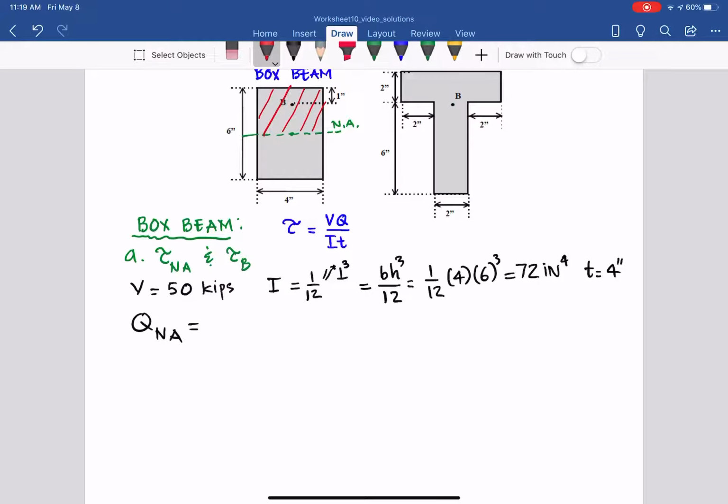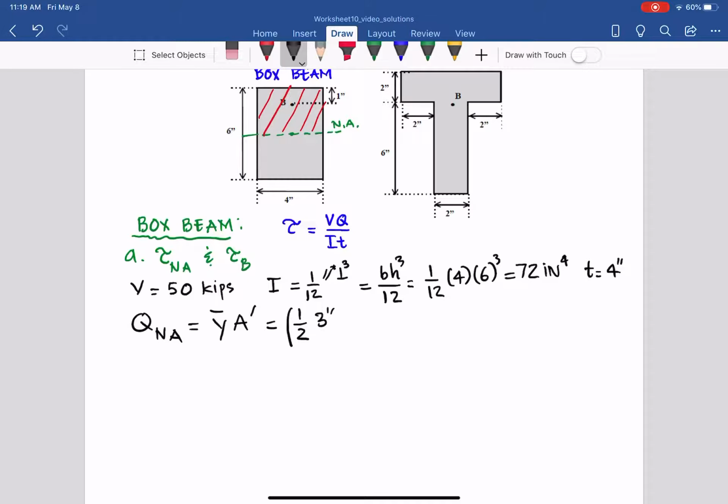So it will equal y bar times A prime, and that y bar is from the neutral axis to the centroid of that red area. So as you can see, it equals 1/2 of the height of 3 inches.